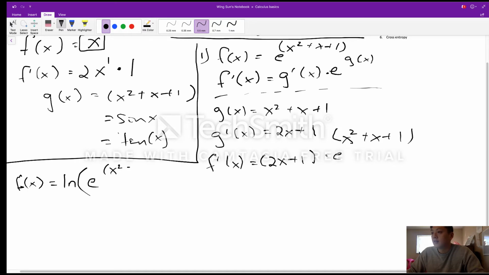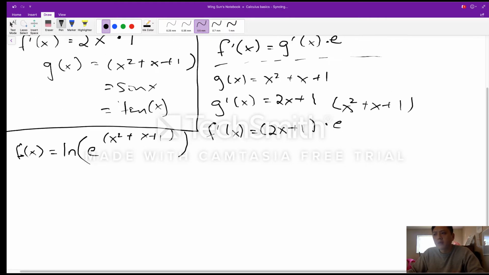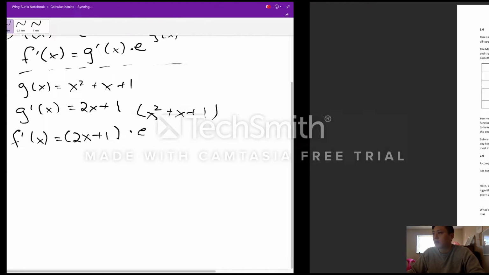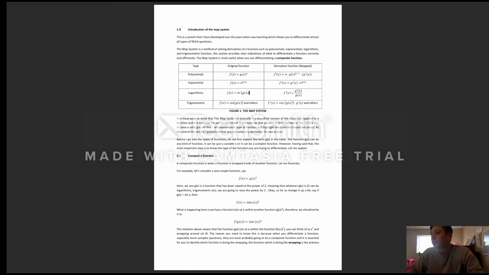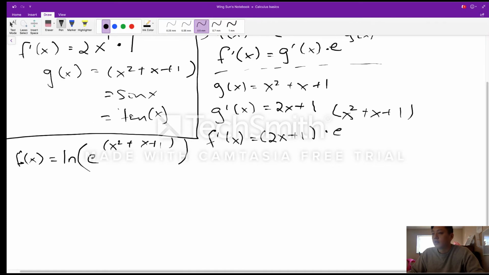So plus x plus 1. Now this might look a little bit complicated, but if you just look back to the derived function, what you'll find is that it's actually not that bad.